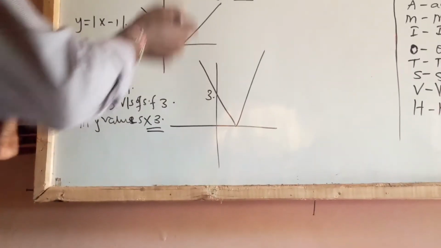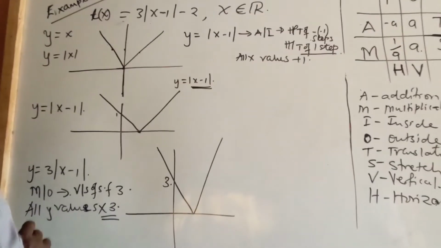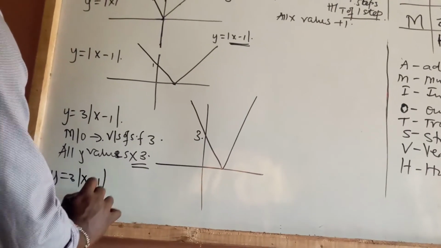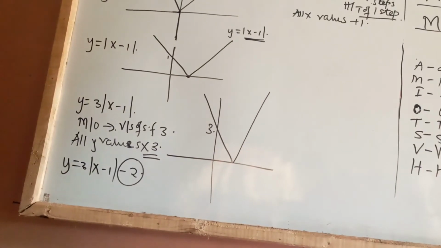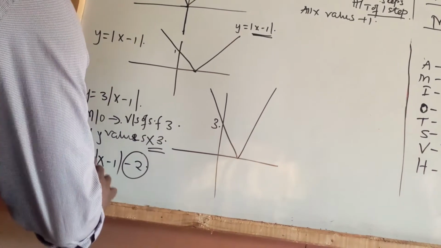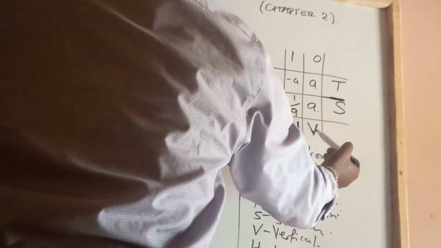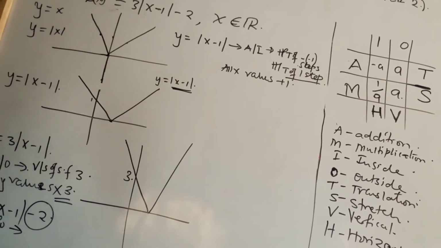After which we get the final translation, which is y equals 3 times the modulus of x minus 1, minus 2. You can see there is addition outside. What is addition outside? This is a vertical translation of a steps, and our a is negative 2.